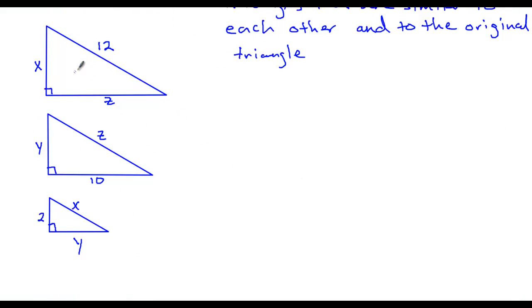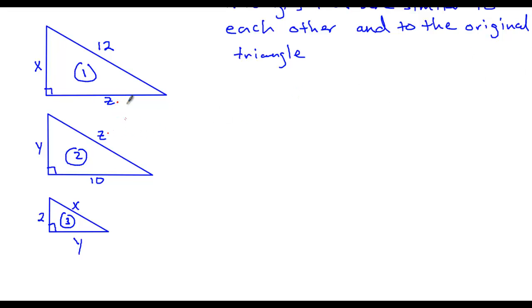I'll call these triangle 1, triangle 2, and triangle 3. I know that triangle 1 is similar to triangle 2. So whatever the ratio of these two hypotenuses is, it's the same as the ratio of these two bottoms. And I see that they both have a z.